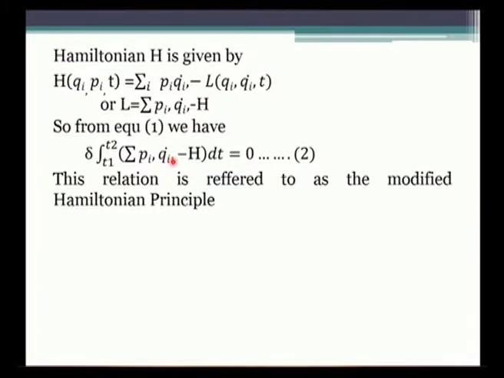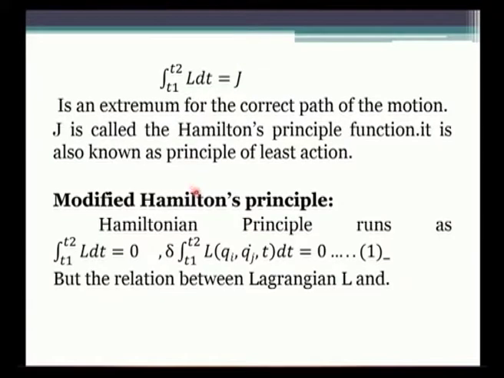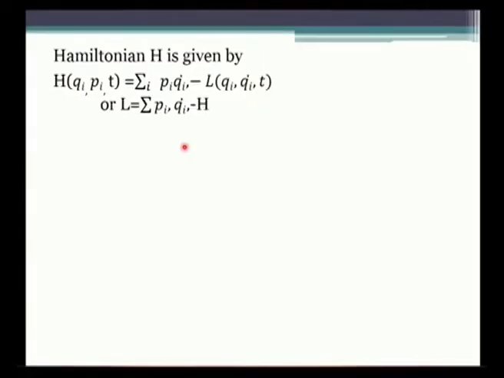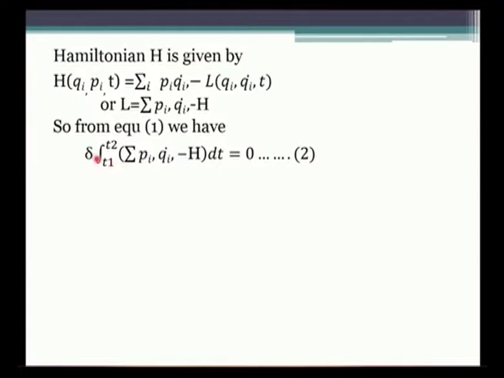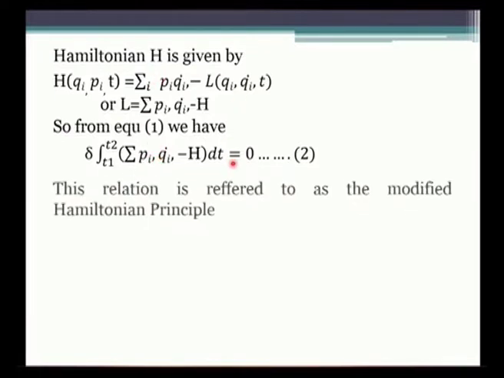So, modified Hamilton's principle is obtained by taking Hamilton's definition and the general relation connecting the Lagrangian and the Hamiltonian, that is L is equal to summation of p_i q dot_i minus H. Then we got this small change in the integral t1 to t2 of summation p_i q dot_i minus H into dt is equal to 0.